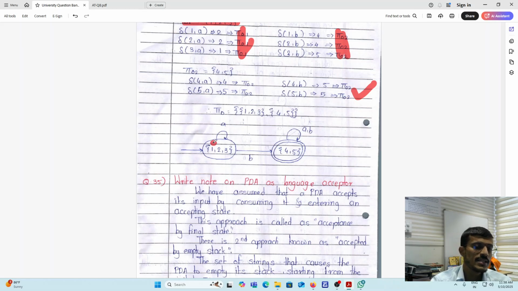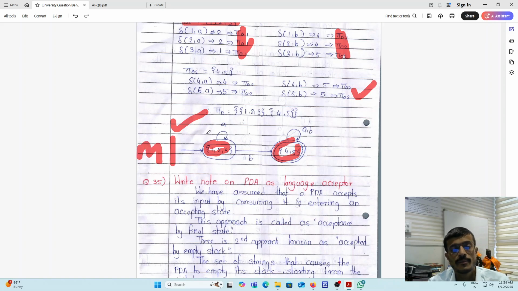So we can combine 1, 2, 3 together and 4, 5 together, and that is the minimized finite state automaton. One suggestion to you is that you should go through the question which I gave in the CI examination, as well as the example I solved in the classroom.